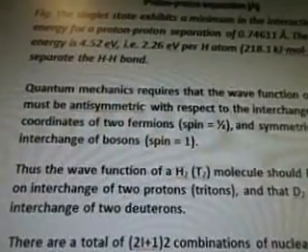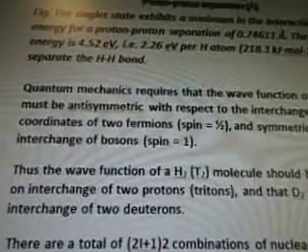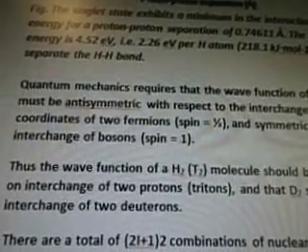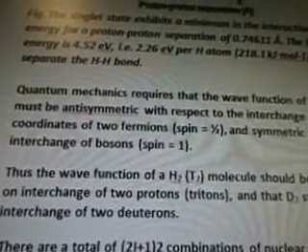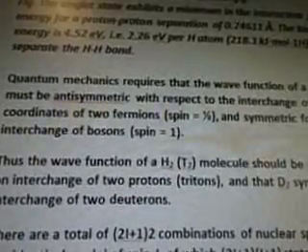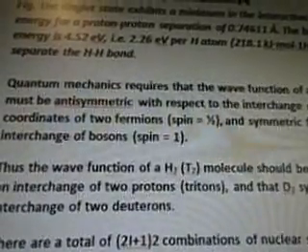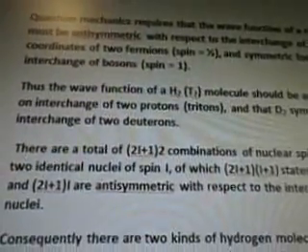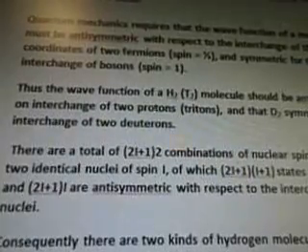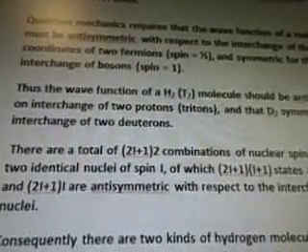Quantum mechanics requires that the wave function of a molecule must be antisymmetric with respect to the interchange of the space coordinates of two fermions, spin equals half, and symmetric for the interchange of bosons, spin equals 1. Thus, the wave function of an H2 or T2 molecule should be antisymmetric on interchange of two protons or tritons, and that of D2 symmetric on interchange of two deuterons.